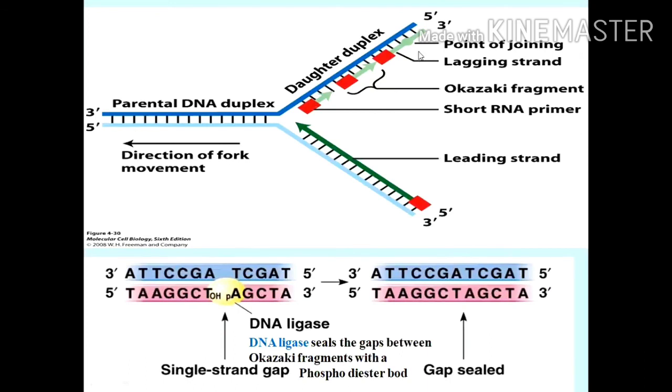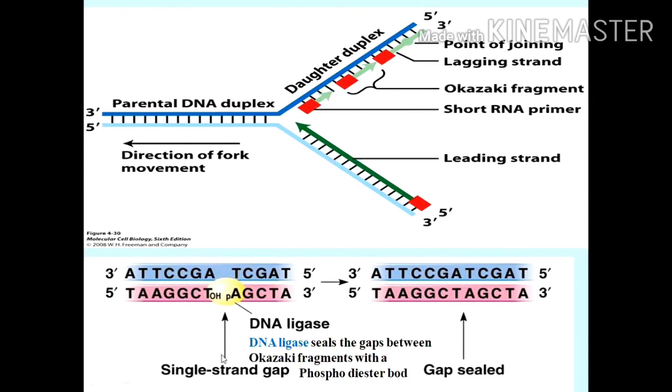Later these fragments are sealed and make a full-fledged daughter DNA strand. The Okazaki fragments are always synthesized away from the replication fork, on the lagging strand.